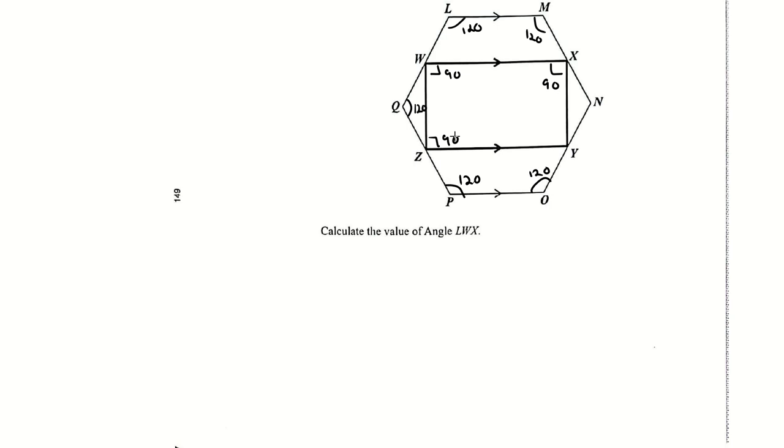This here is 90. This here is 90. And this here is 120. This is what we know thus far. They said calculate the value of LWX, so they want to know this angle right here. Now I'm seeing two ways that we can do this.